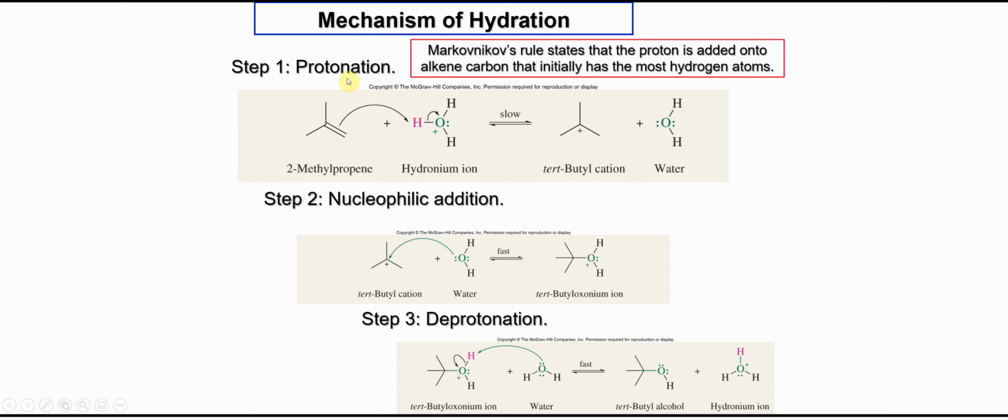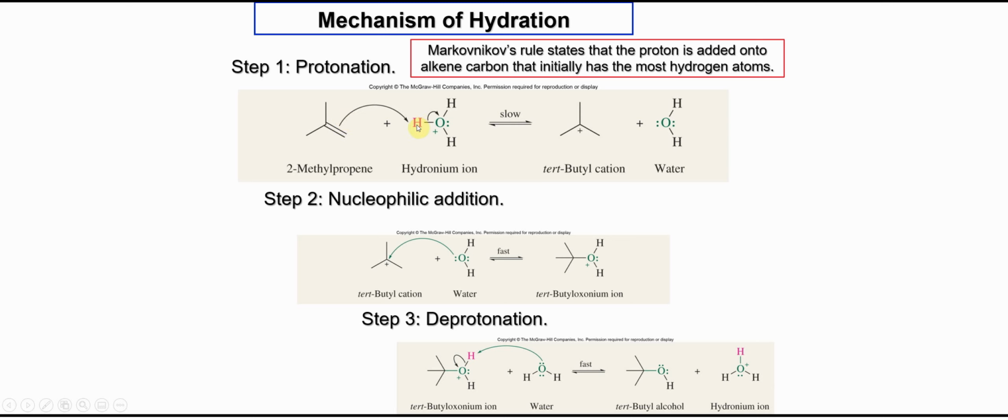First step is called protonation. Protonation means in your strong acid you have hydronium. The oxygen-hydrogen bond of the hydronium is going to be subject to heterolytic bond cleavage. Your carbon double bond, those pi electrons, is going to be attracted to the hydrogen.